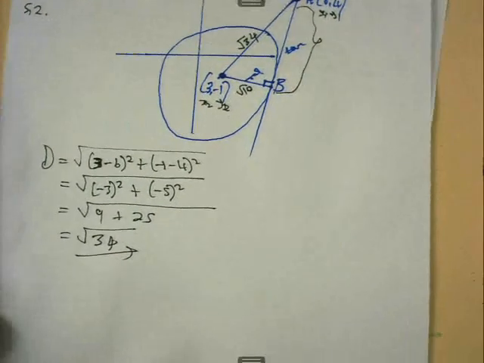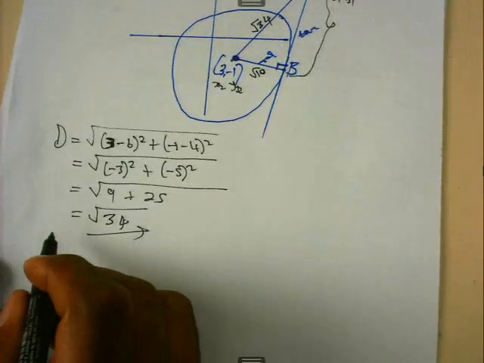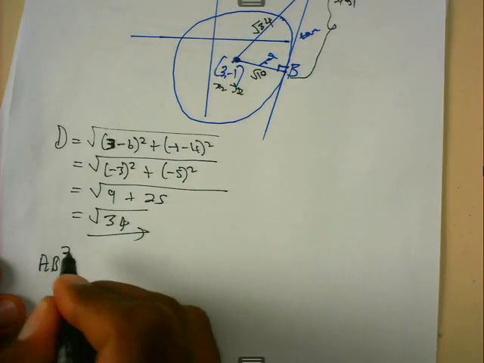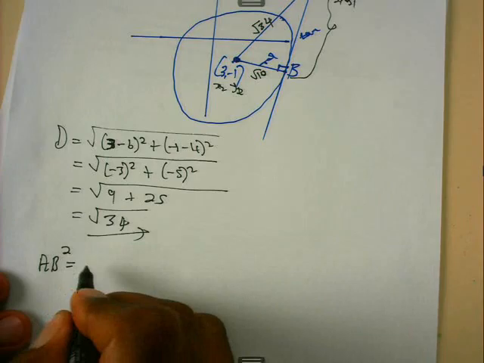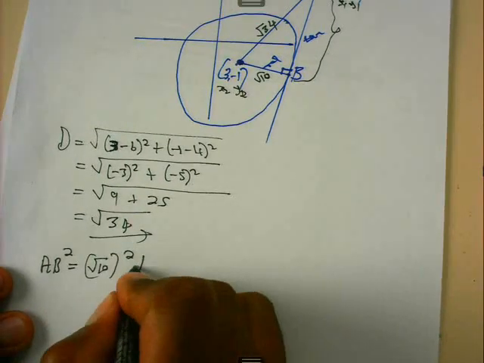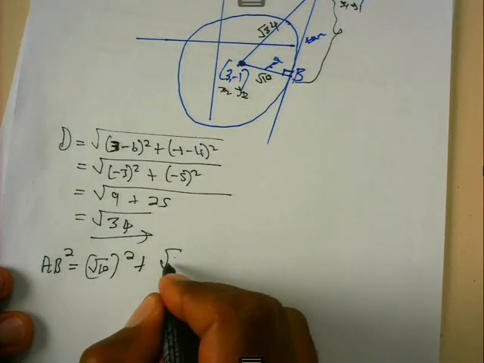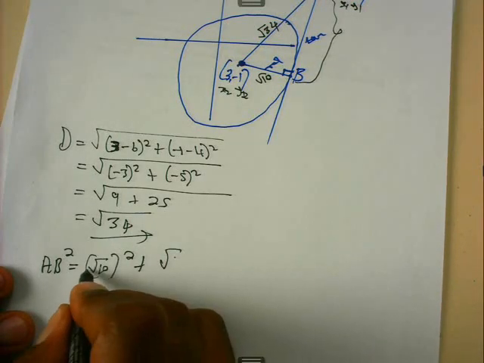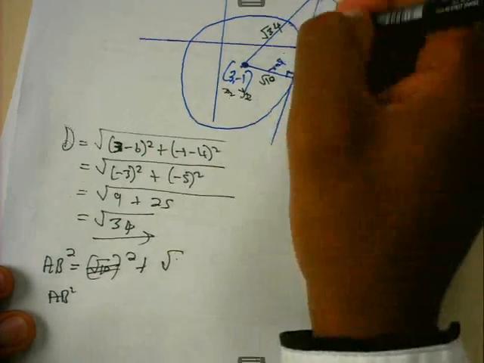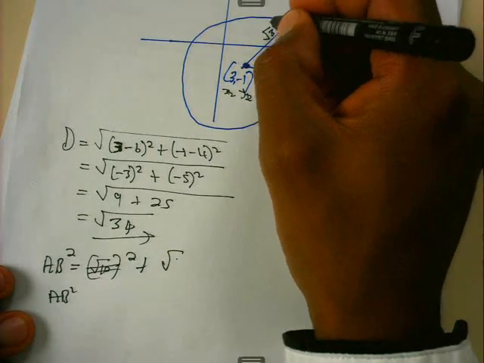Right, boys and girls, now I can say the distance of AB. AB squared, of course, is equal to what? We have AB squared, and AB is this side. Now we need to identify what is the hypotenuse side.